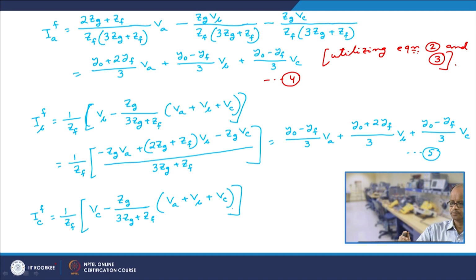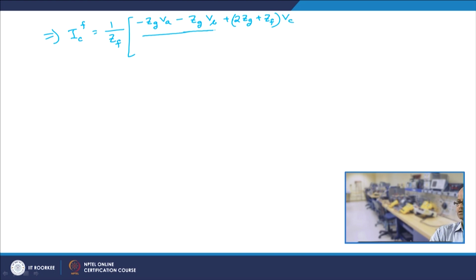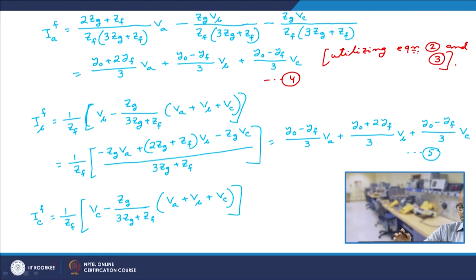So ICF would be 1 by ZF into minus ZG VA minus ZG VB plus 2ZG plus ZF into VC, by 3ZG plus ZF.